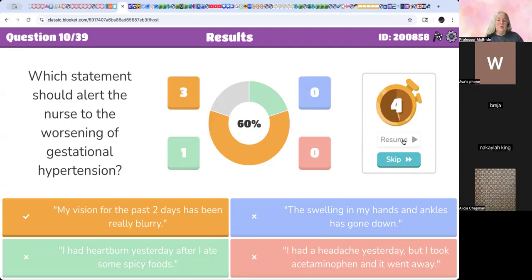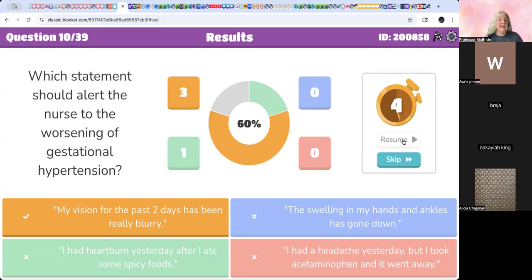"My vision for the past 2 days has been really blurry." That could be a sign. So gestational hypertension, what's happening with gestational hypertension? You developed it during pregnancy.